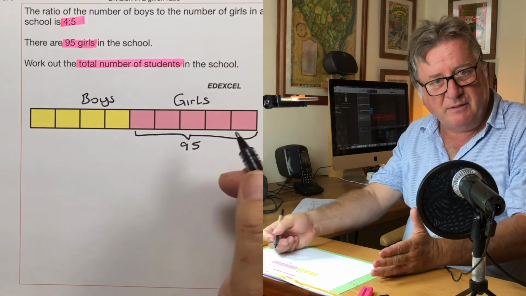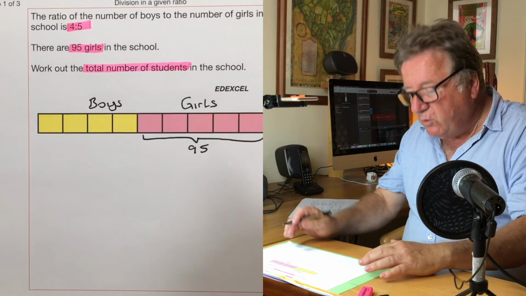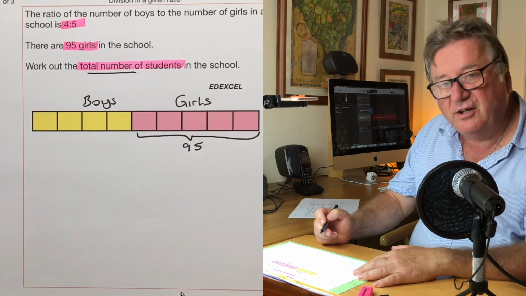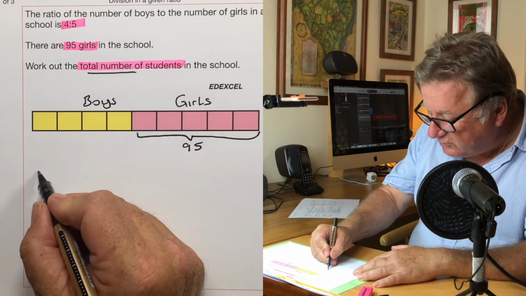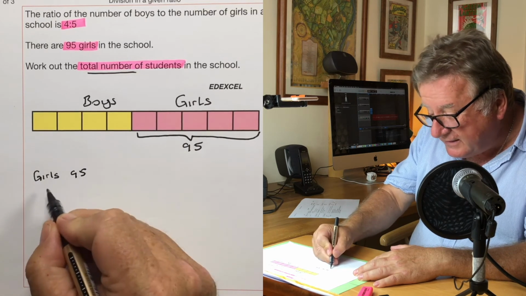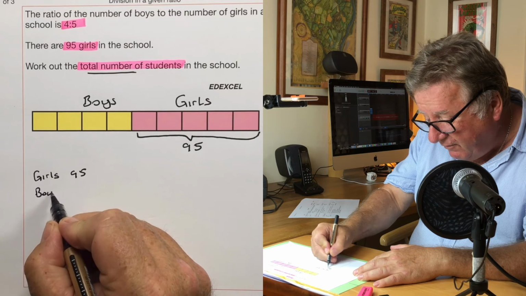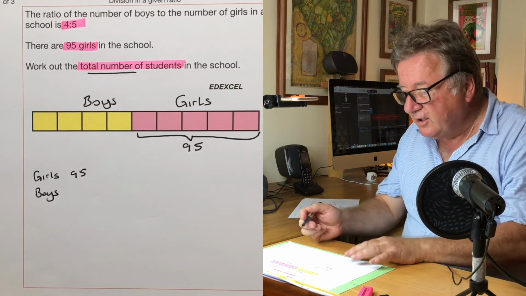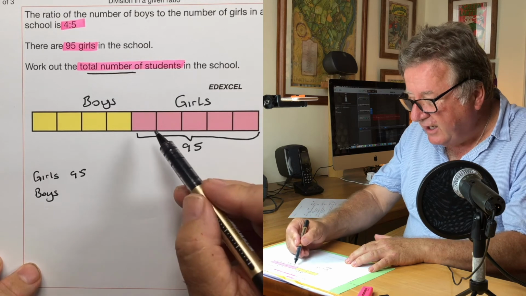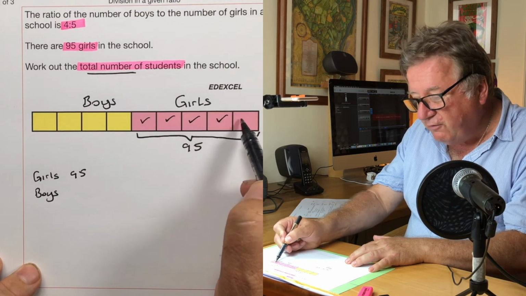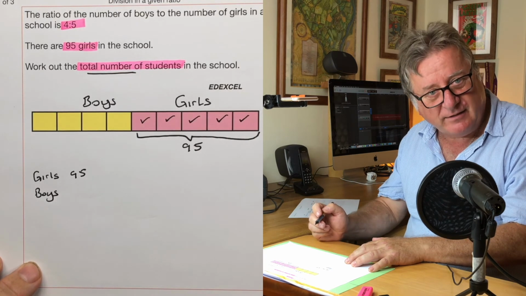We don't know how many boys there are, but if I want the total number of students, I need to know boys. So I've got girls, they're 95. I need to know how many boys there are. Let's go back to our bar. Girls, 95 students, and 1, 2, 3, 4, 5 parts for their share.